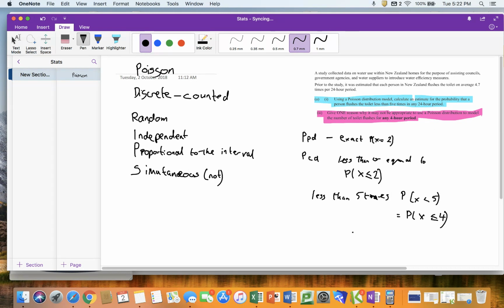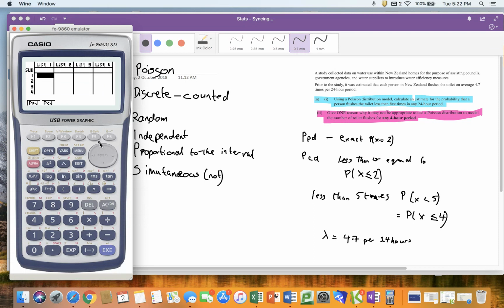Now I need to worry about what my parameter is. So my parameter lambda, that's the thing that I'm working out, my average, is 4.7 per 24 hours. Now, I always try to make sure that I include the interval with my parameter, just in case they did something horrible and said, what's the probability that a person flushed the toilet less than 5 times in 48 hours? Then I can at least look at that and do the proportionality change that I need to answer that question.